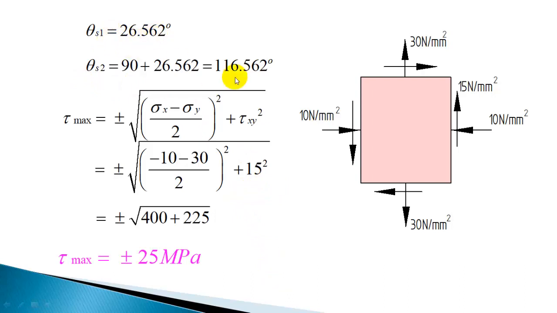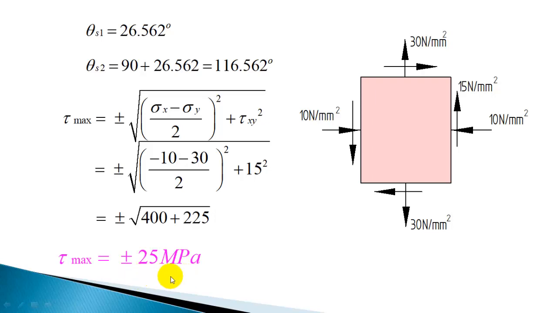So for theta s1 and theta s2, maximum shear stress is plus or minus root of ((sigma x minus sigma y) by 2) square plus tau xy square. Sigma x is minus 10, sigma y is plus 30, so (minus 10 minus 30) divided by 2, squared, plus tau xy, which is 15, squared, which will give plus or minus 25 megapascal.